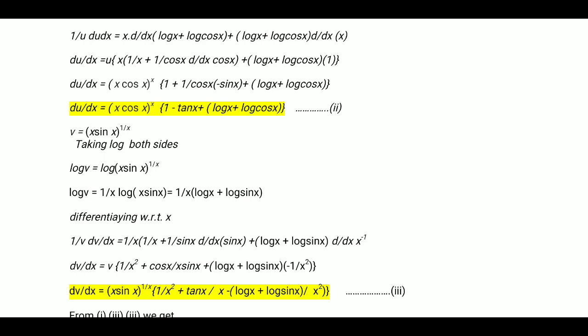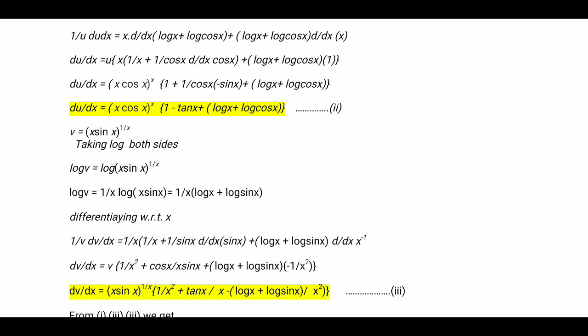Here by the rule of logs, the power comes ahead in multiplication form. So (1/x) log(x sin x), and log(x sin x) will become log x plus log sin x. So it will become (1/x)(log x plus log sin x).